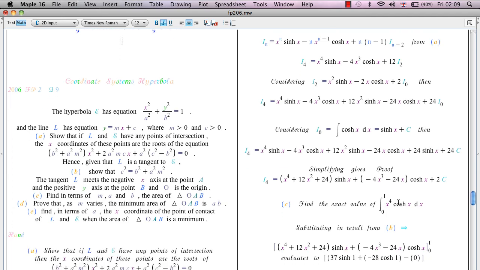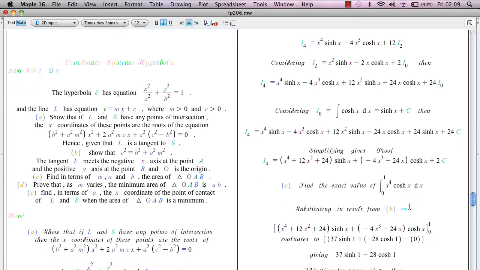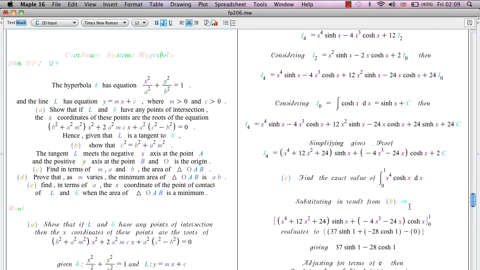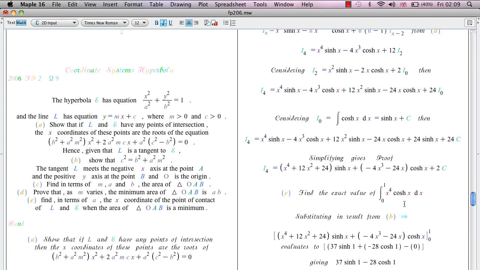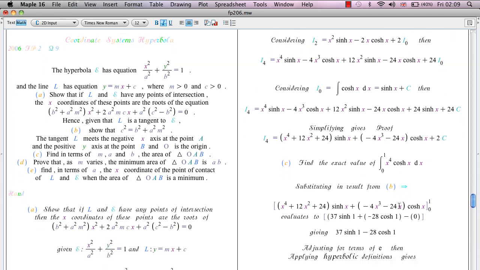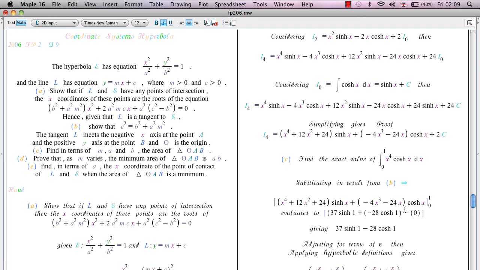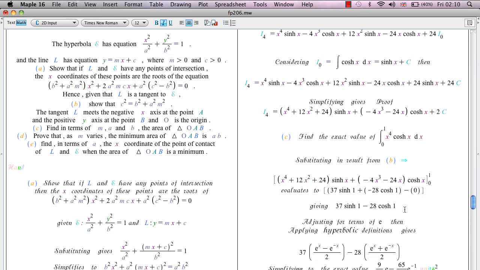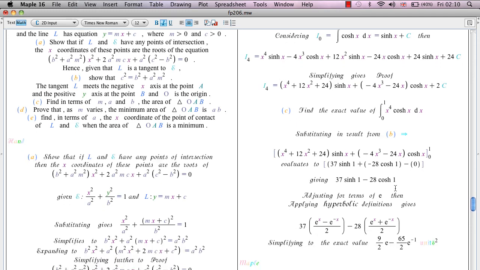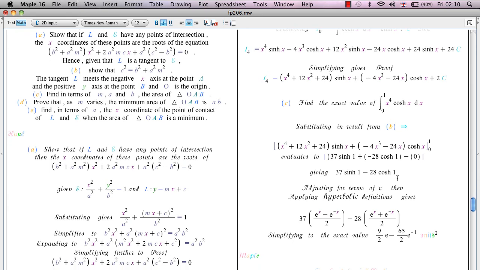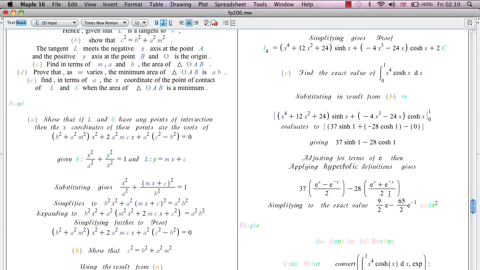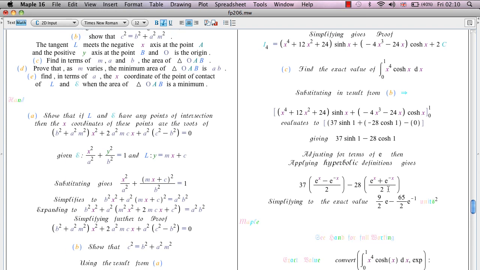So for the exact value of I4 between 0 and 1, we can use the result of I4 directly and evaluate between 0 and 1, and evaluates to 37 sin 1 plus minus 28 cos 1 minus 0, and then adjusting, substituting for the exponential definitions for sin and cos.